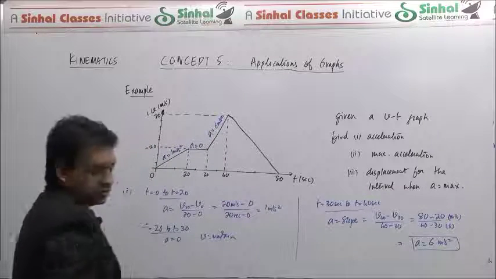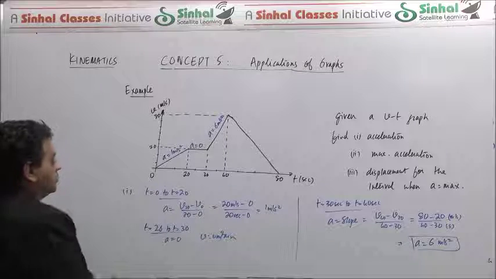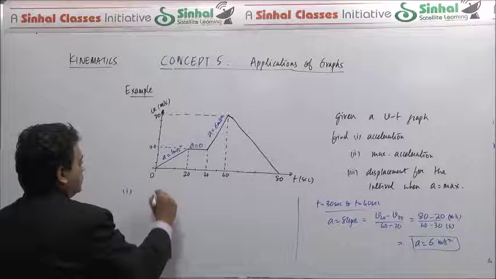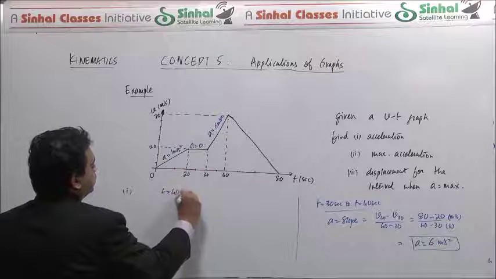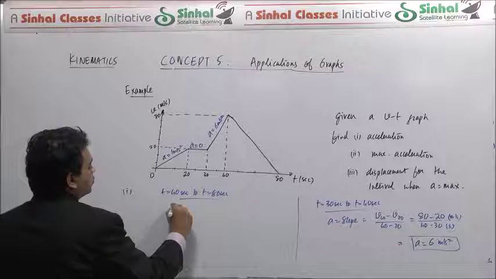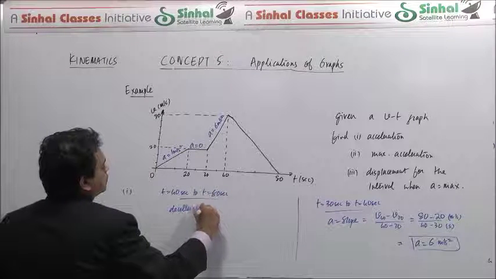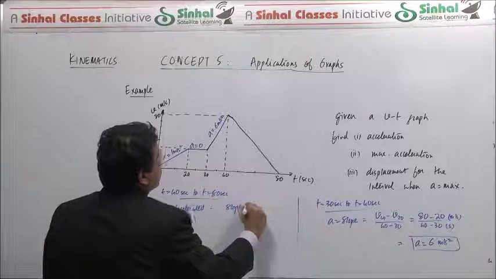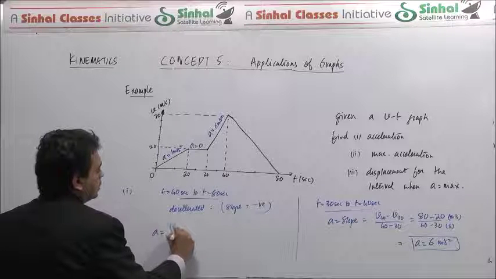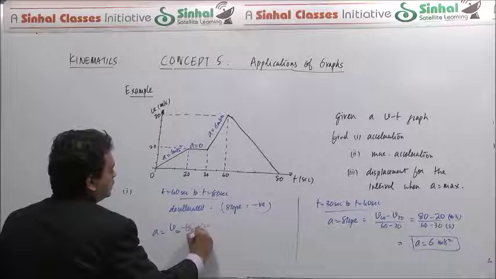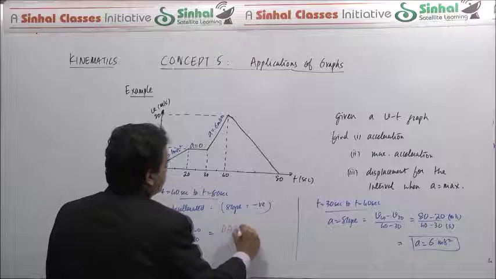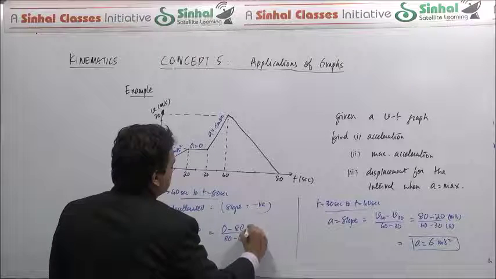It's a positive quantity. And if you look at the last interval of time from 40 to 80, t equal to 40 seconds, t equal to 80 seconds, you can see it's a decelerated motion because the slope is negative. So yeah, you can see that the acceleration will be final velocity minus initial velocity upon the time interval, that is 0 minus 80 upon 80 minus 0.